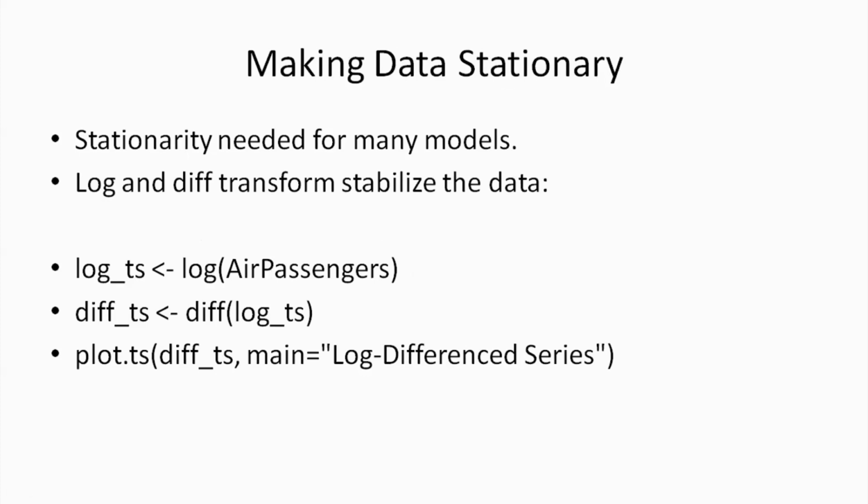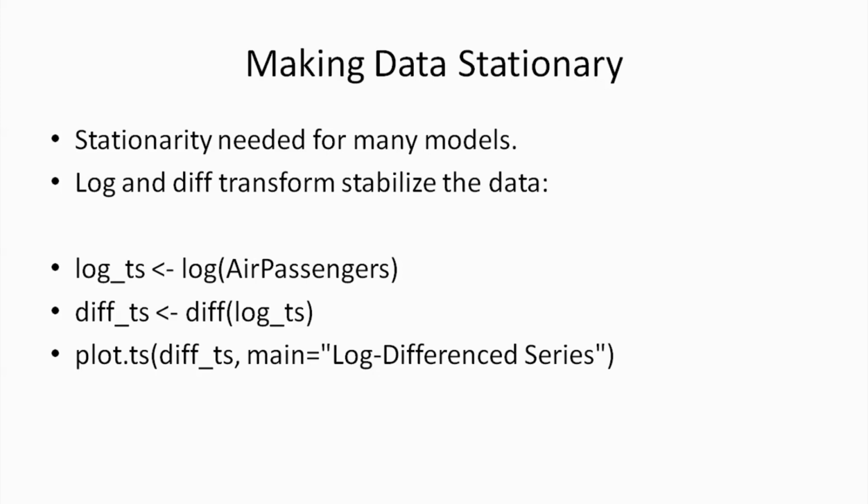Now, how to make data stationary. There are many time series models that require data to be stationary. To achieve this, we apply some mathematical transformations such as logarithms and differencing. Mostly these techniques stabilize the variances and remove the long-term trends, making the data suitable for modeling.